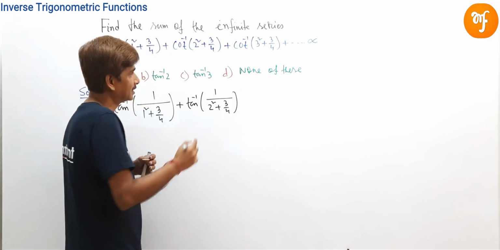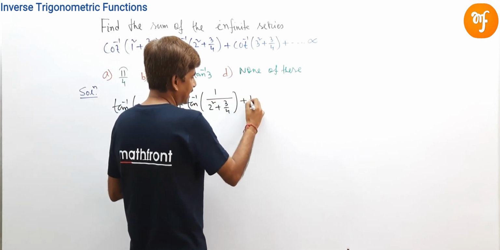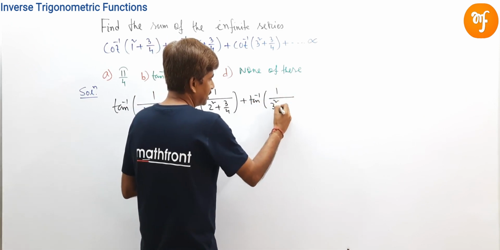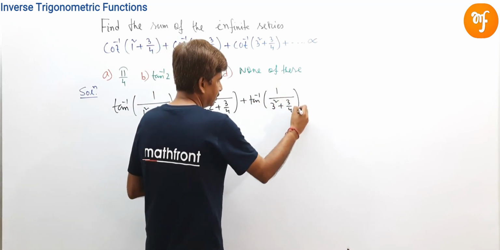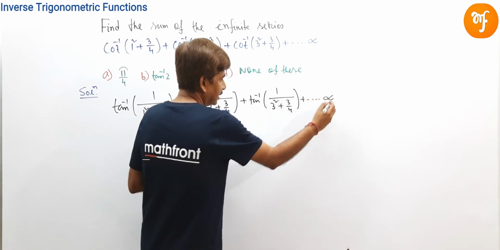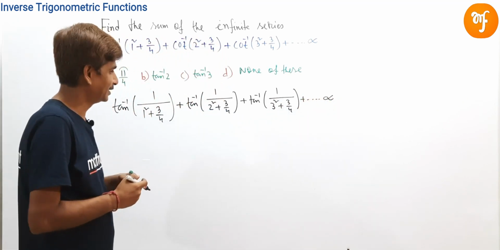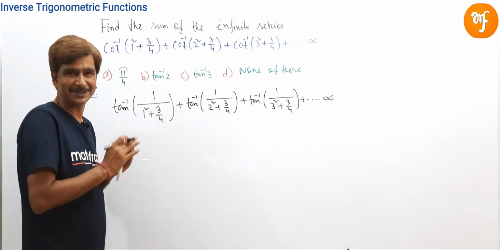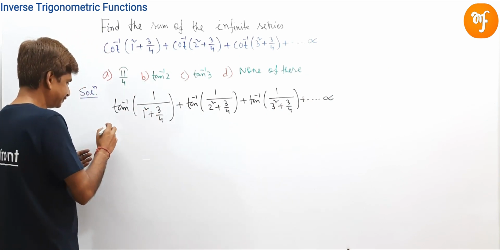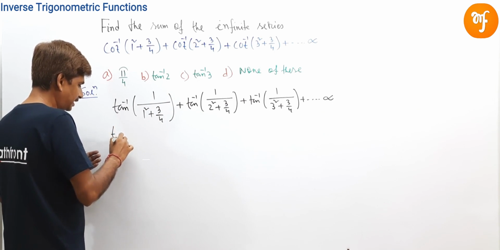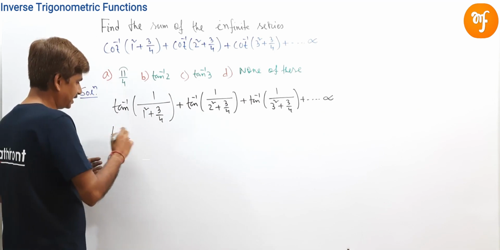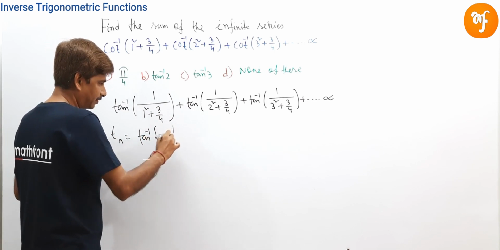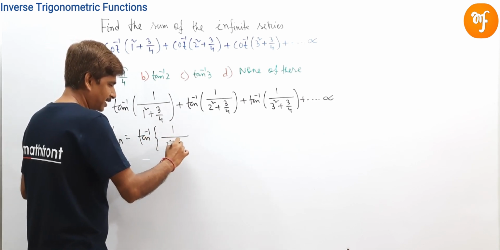Similarly, the third term is tan inverse of 1 divided by 3 square plus 3 by 4, till infinite. Now, try to identify the nth term of this series. Clearly, the nth term of this series is Tn equal to tan inverse of 1 divided by n square plus 3 by 4.